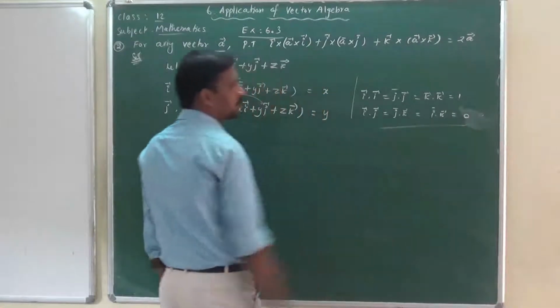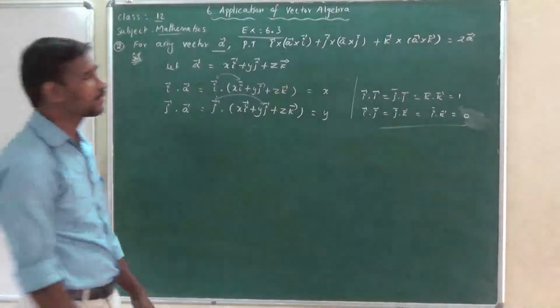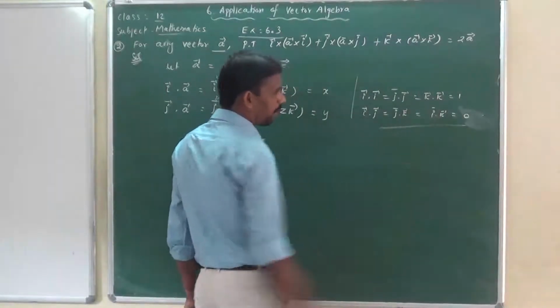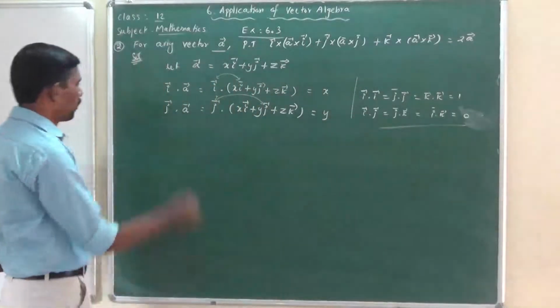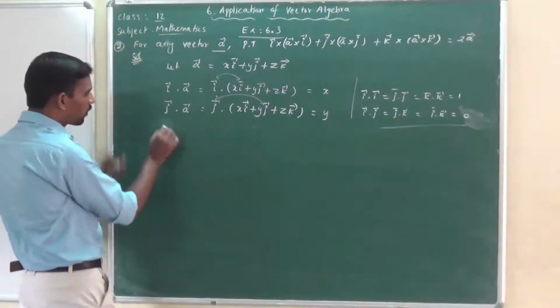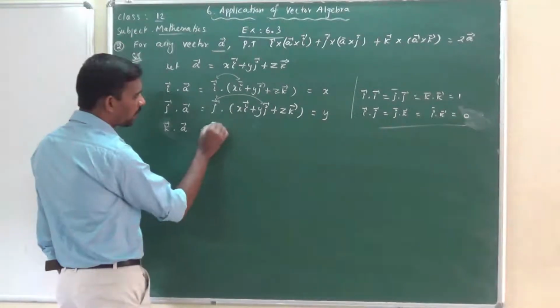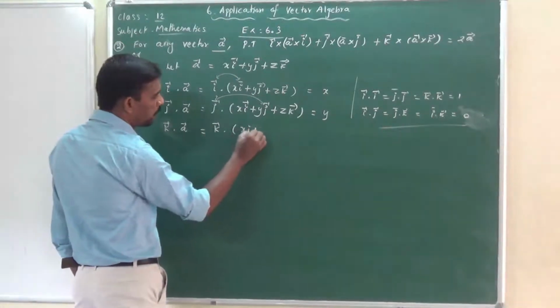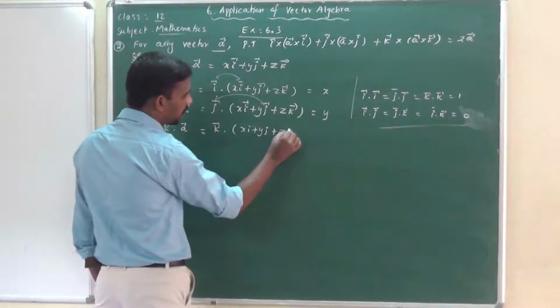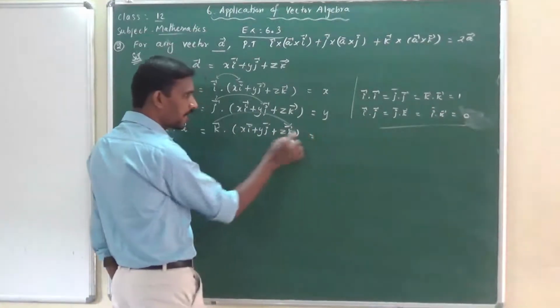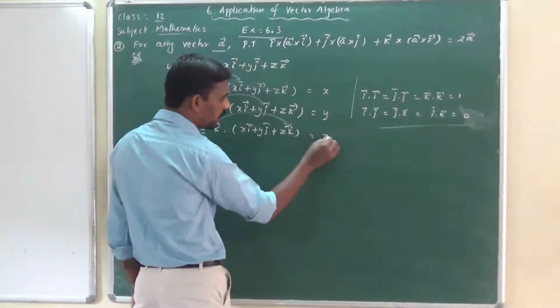Because if two vectors are perpendicular, then it is 0. If two vectors are the same, it will be 1 in dot product. Next, you want to take k vector. Next one k vector dot A vector. So k vector dot xi plus yj plus zk. I multiply with k to k. So k dot k is equal to 1, that's why we get only z.